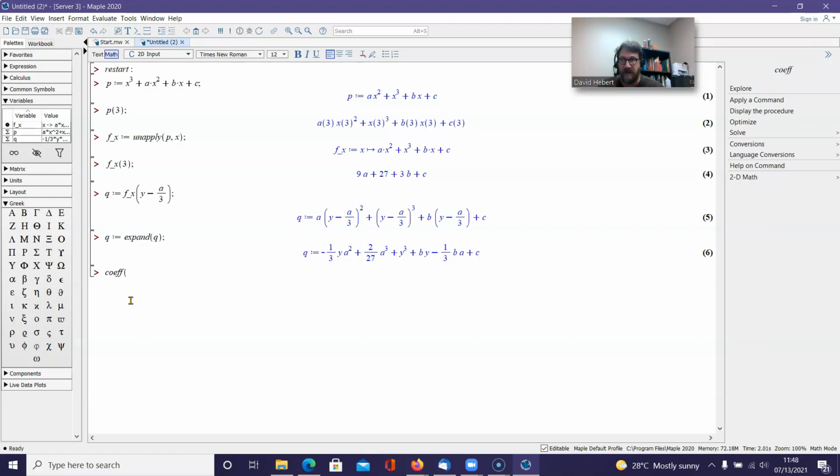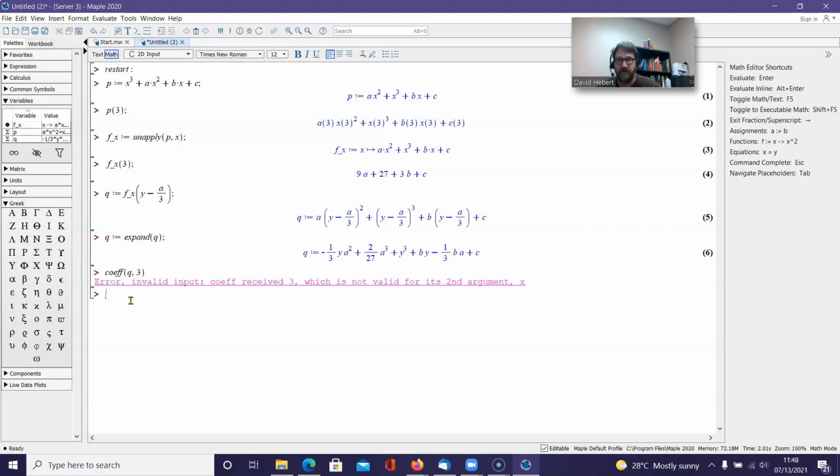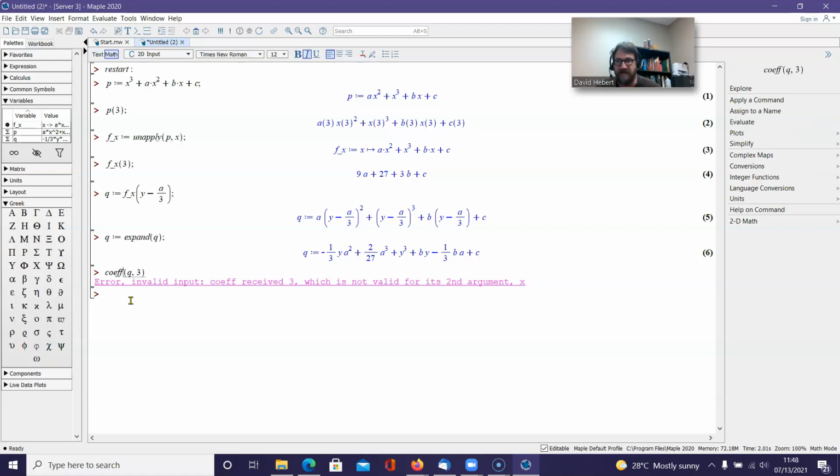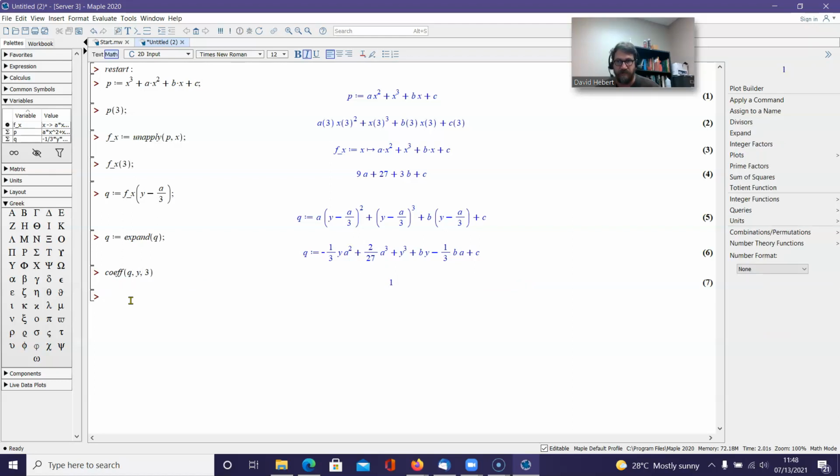Coefficient of Q, comma, 3, meaning what is the coefficient of the third degree term in Q? And it says we have an error: coefficient C3, which is not valid for its second argument. Oh, guess what? I have to tell it what variable to use. So it's looking at y as the variable, and I need the third term.